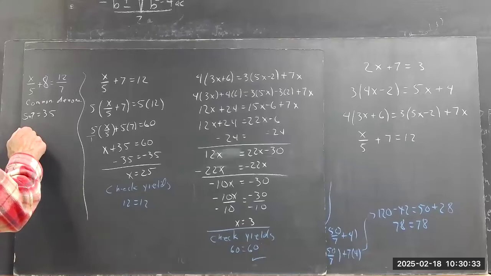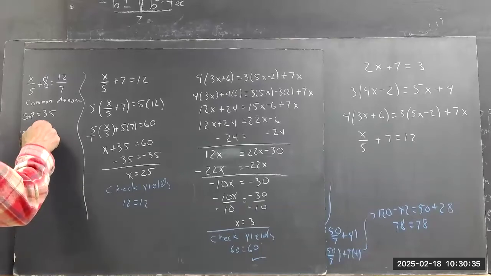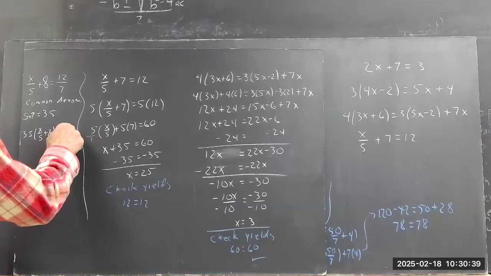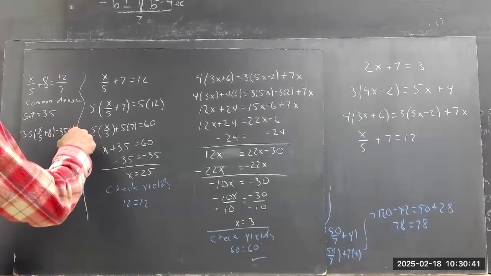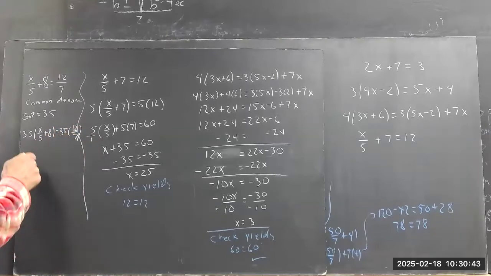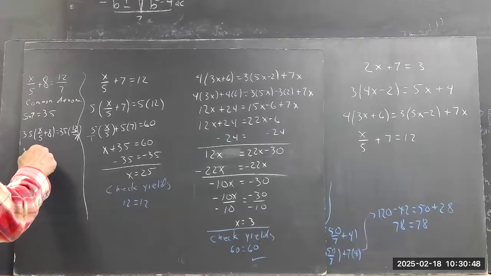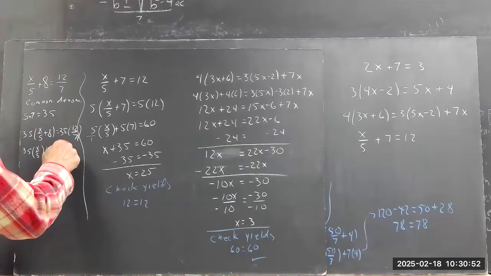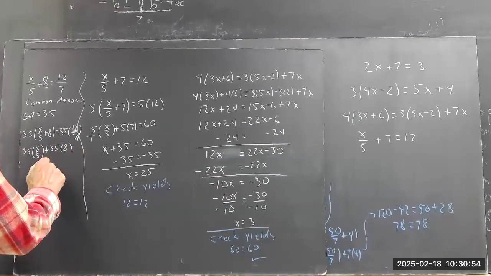And whether you see that or not, you're going to have 35 times x over 5 plus 8 equals 35 times 12 over 7. Thirty-five times 8, I don't have it.